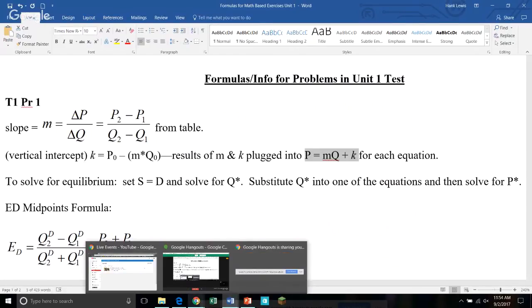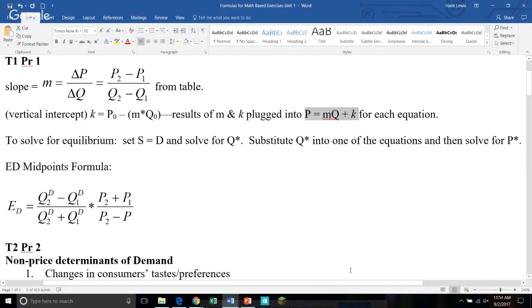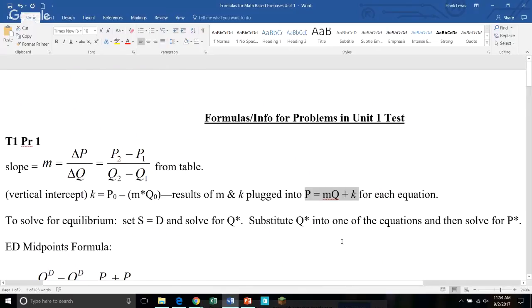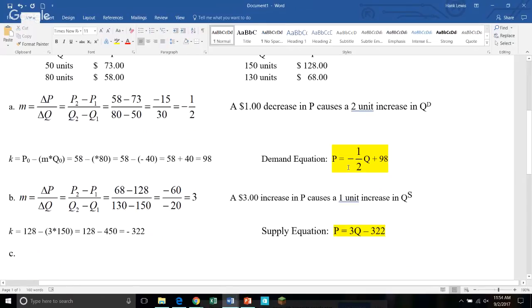All right. So let's go ahead and go back to the document here, and we're going to set this up. And that's the wrong document. Excuse me. That's why the formula's there. Okay. So both of these say P equals and P equals. So I'm going to do the supply one first.